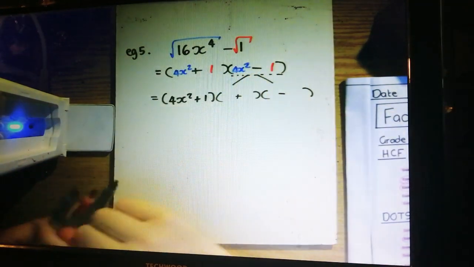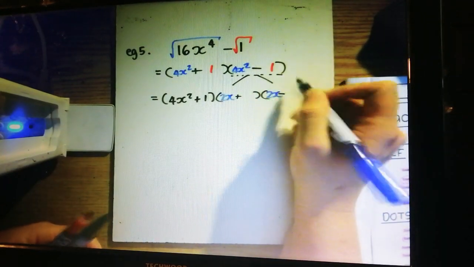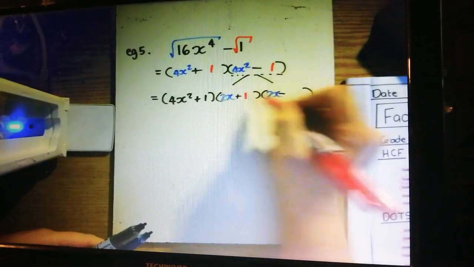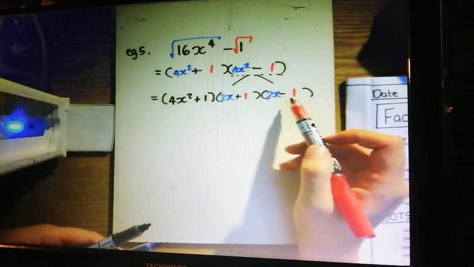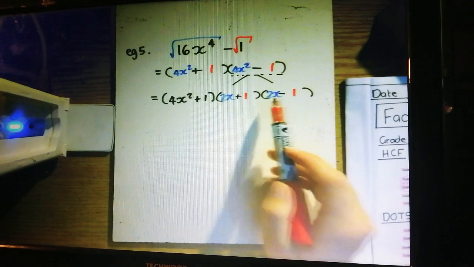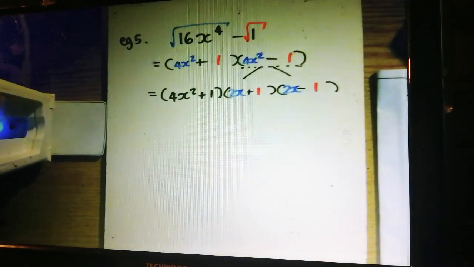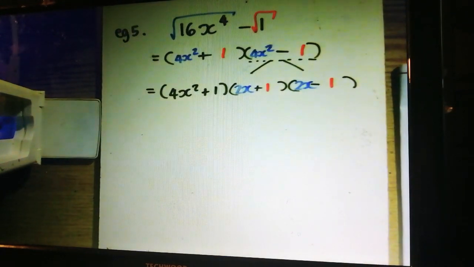What is the square root of 4x squared? It's 2x. And the square root of 1 is 1. Checking my last bracket, is that a difference of two squares? No, it's not, because it may be two terms, but I cannot square root 2x. And that is difference of two squares. Just going to zoom in a bit so you guys can see a bit better.